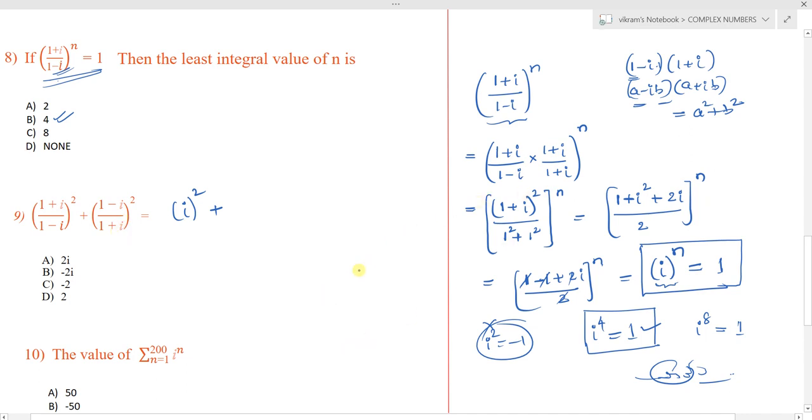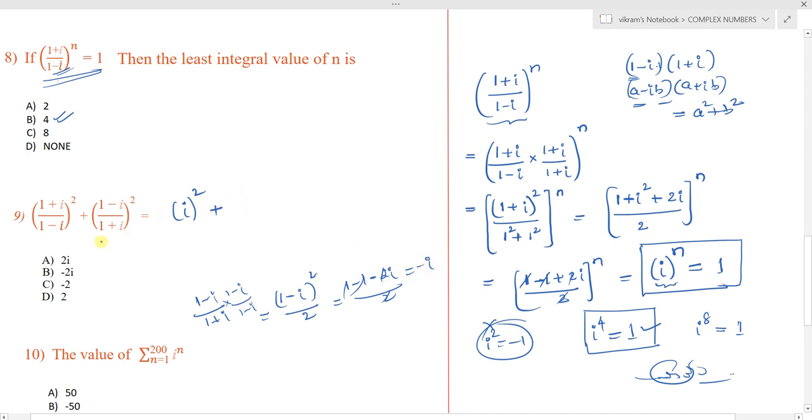Now find the result of 1 minus i by 1 plus i. If I rationalize, the resultant I will get is (1 minus i) whole square by 2. What is (1 minus i) whole square? It is a square minus b square, that is i square, which is minus 1, minus 2ab, so minus 2i by 2. That means we get the result as minus i.